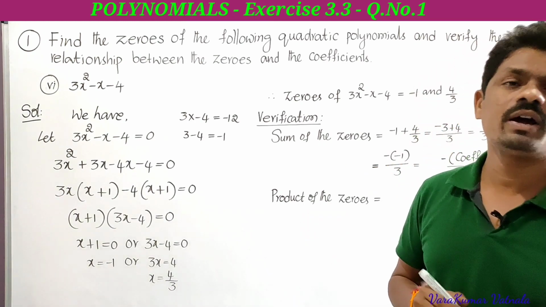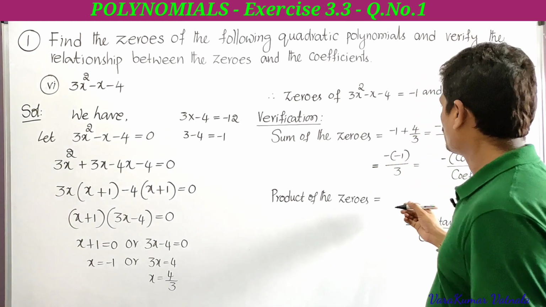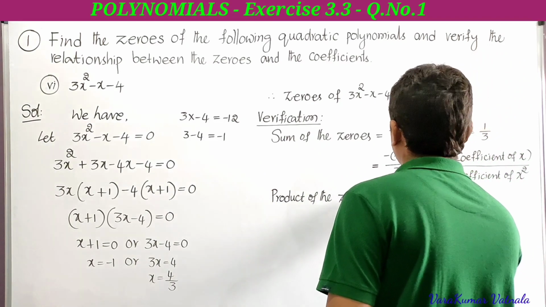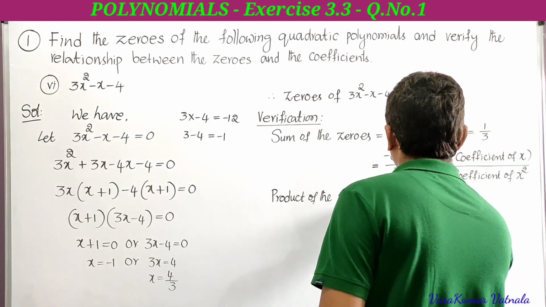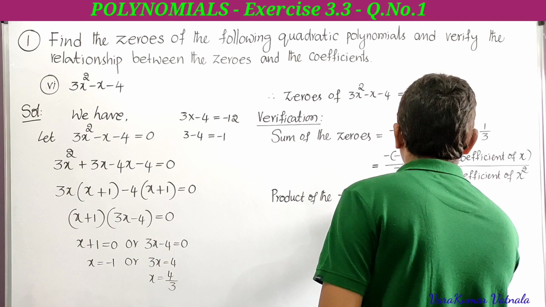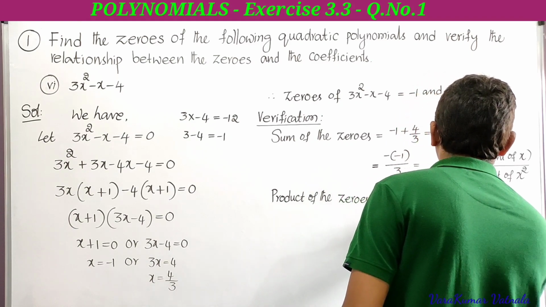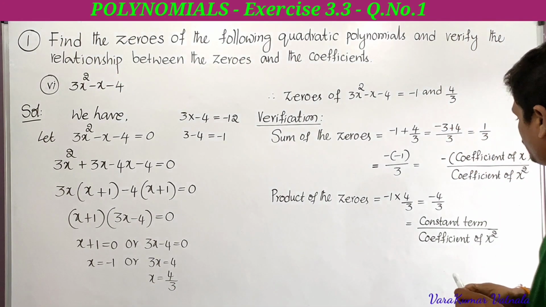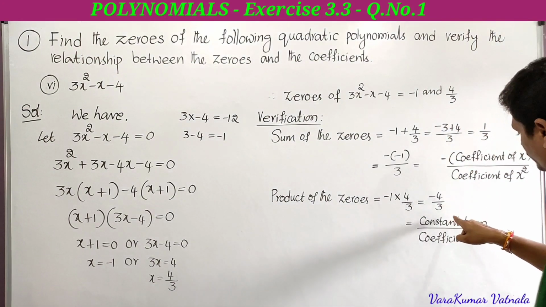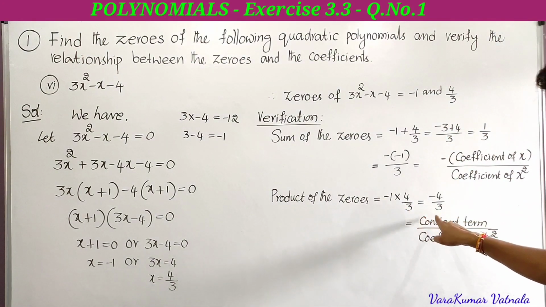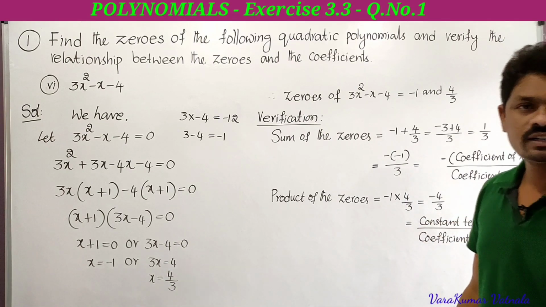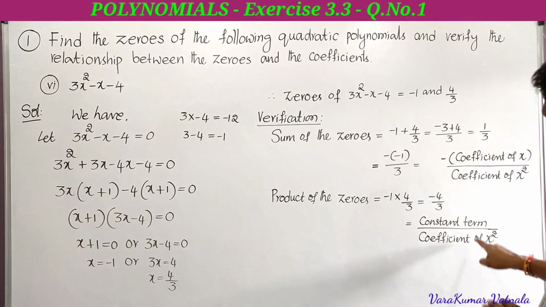Next we have to verify the product of the zeros. So the product of the zeros is equal to minus 1 into 4 by 3, which is minus 4 divided by 3. So the product of the zeros is the constant term divided by coefficient of x square.